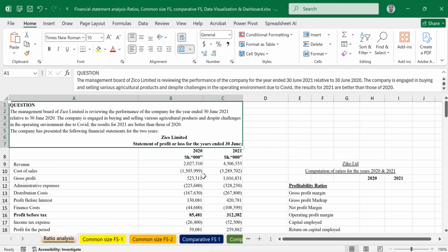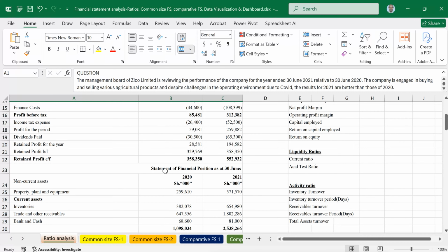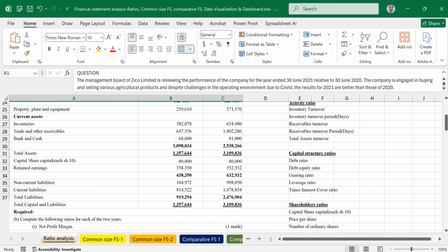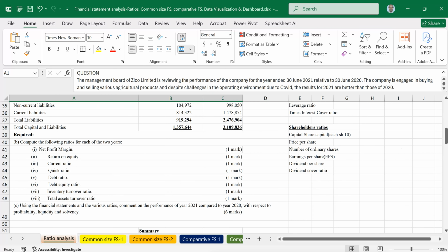So we have 2020 and 2021, the statement of profit or loss. We also have 2020 and 2021 for the statement of financial position. Then after that, it is required: compute the following ratios for each of the 2 years.